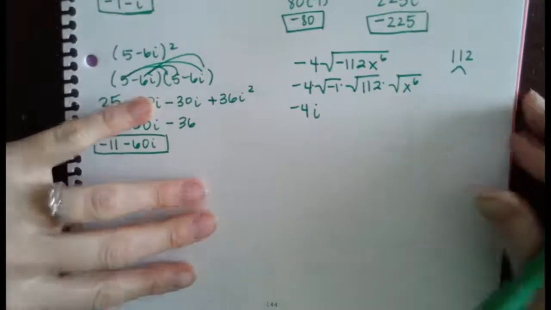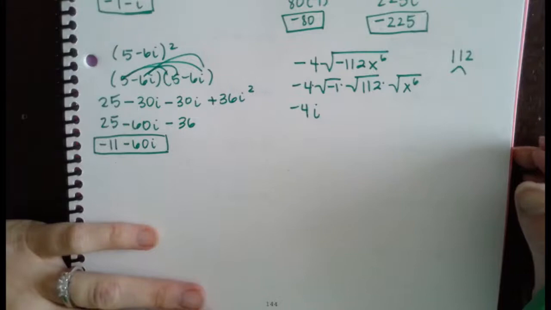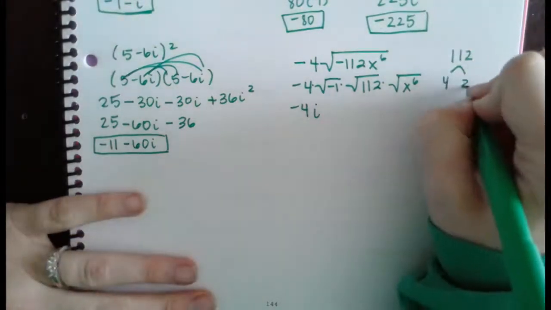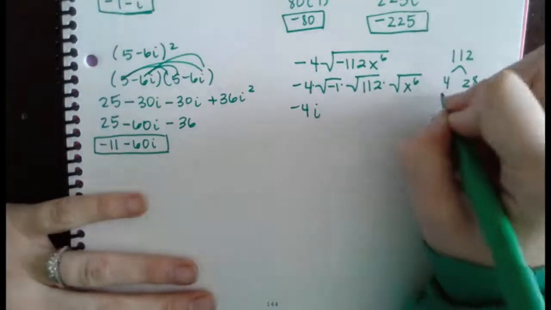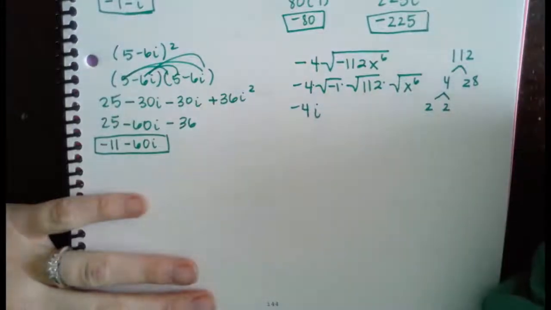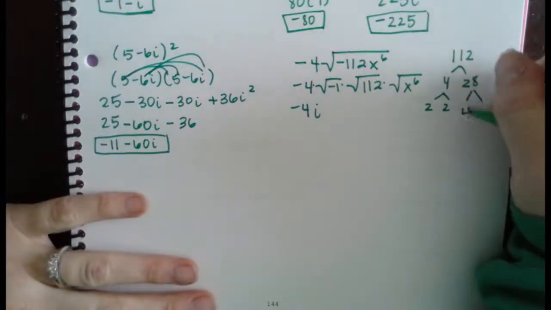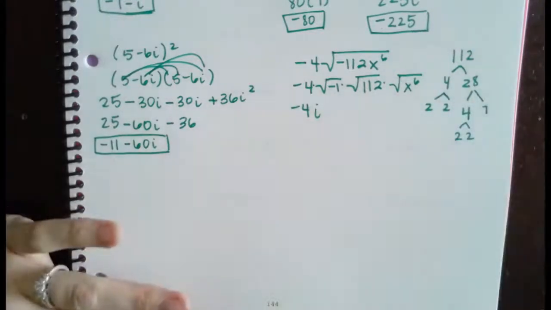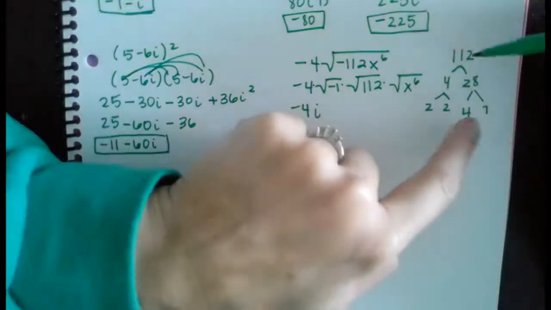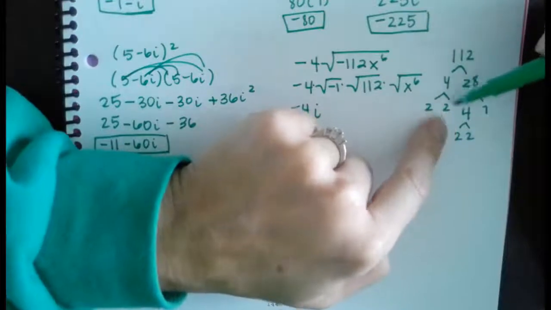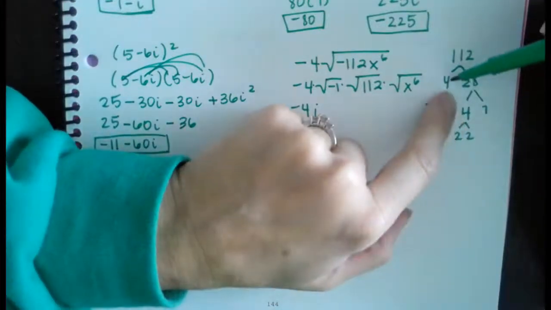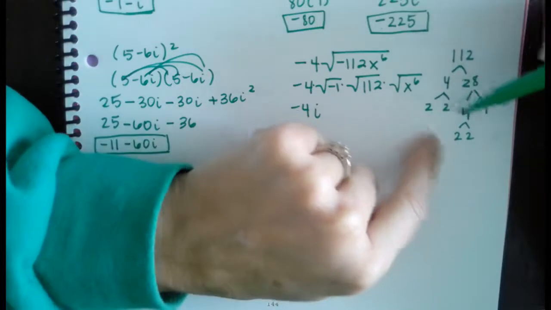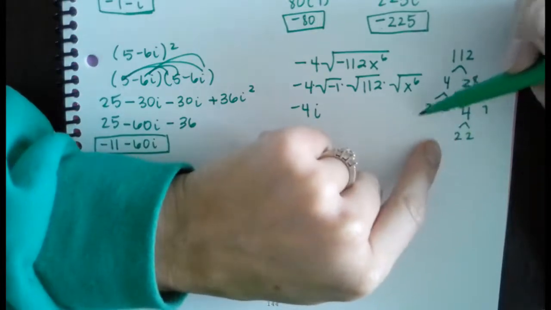If I hadn't broken these up further, if you notice, I have a pair of 4s, and when I would take out a 2 and take out a 2 and multiply, I would get 4 as well. So I'm just going to stop here with my 4s and not break it down. One of my 4s goes out and the other 4 goes away. I'm left with 7 in my radical.